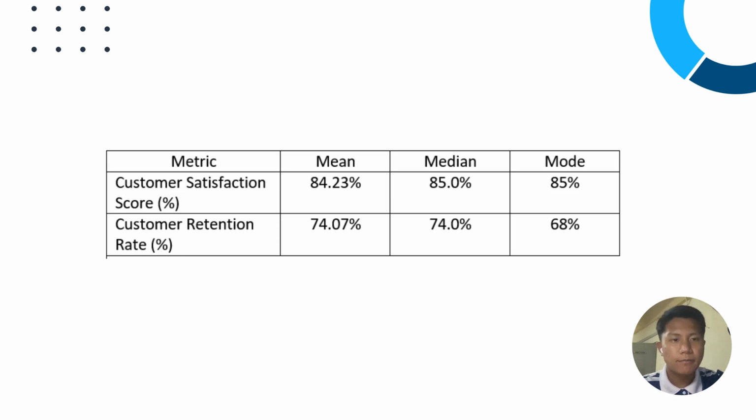And for the mode, the most common satisfaction score is 85%, while for retention it's 68%, indicating that while satisfaction tends to peak around high scores, retention varies more widely. This difference suggests that high satisfaction doesn't always equate to high retention, indicating potential influencing factors such as pricing, competition, or customer loyalty programs.